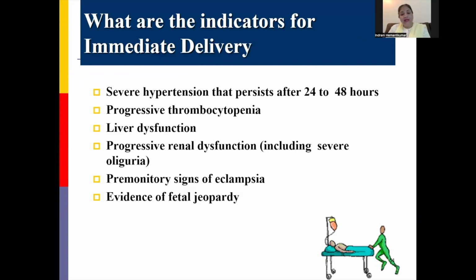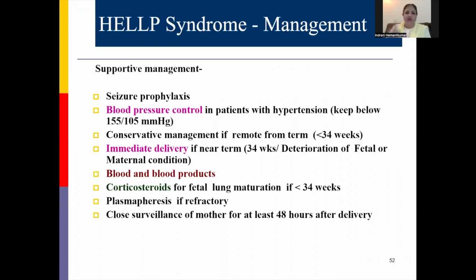And when else will you run for a cesarean section? When there is severe hypertension that persists for more than 48 hours and is not coming down despite your maximal treatment, progressive thrombocytopenia, liver dysfunction, the patient has come to the casualty with epigastric pain and there is HELLP syndrome, progressive renal dysfunction, premonitory signs of eclampsia or fetal jeopardy, you have to go quickly for a quick LSCS. So supportive management will be seizure prophylaxis, BP control, and then immediate delivery.